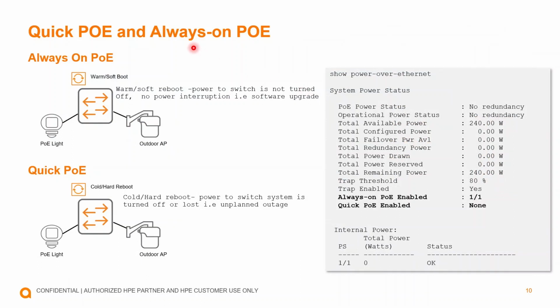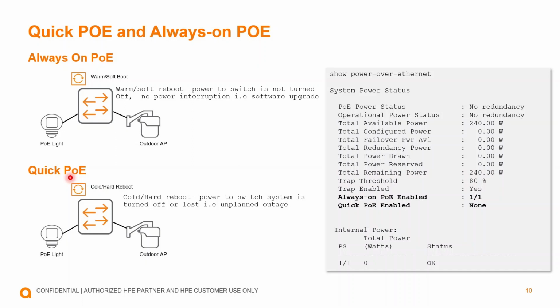Always-on PoE is a feature that provides the ability for the switch to continue providing power to the end devices across a soft reboot. It is applicable only to the interfaces which were connected and delivering power before the soft reboot. So these can achieve high availability with always-on PoE.